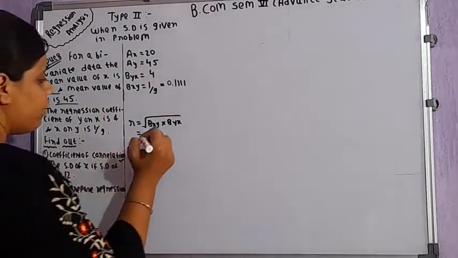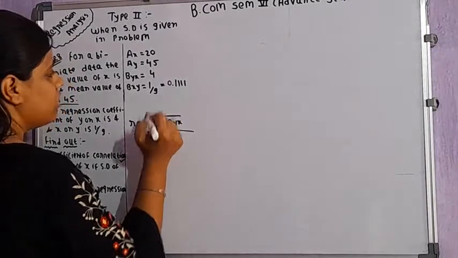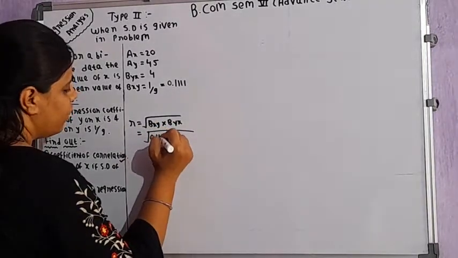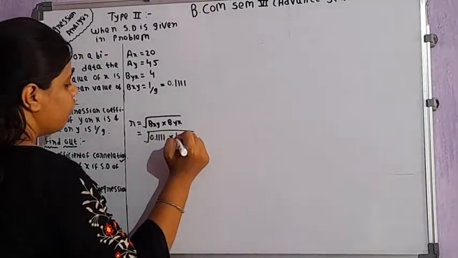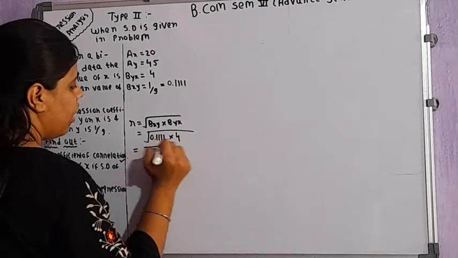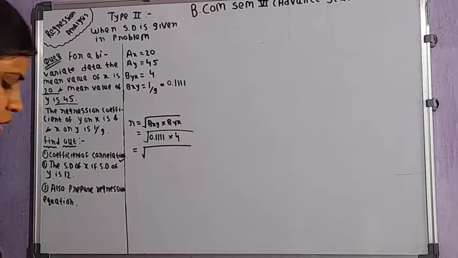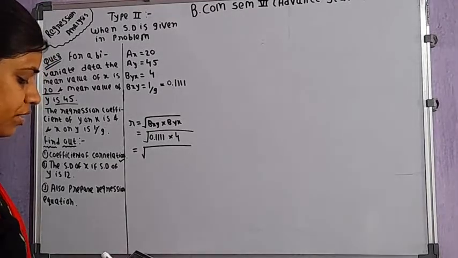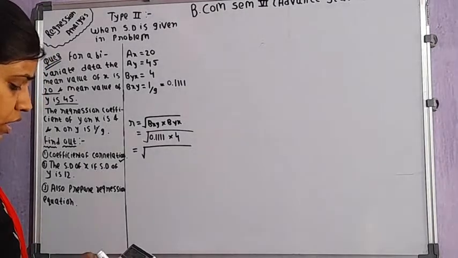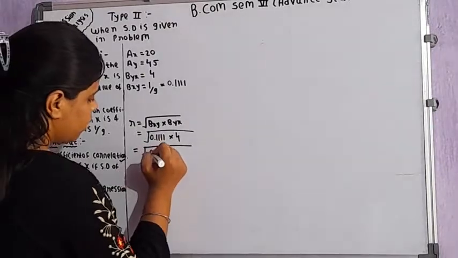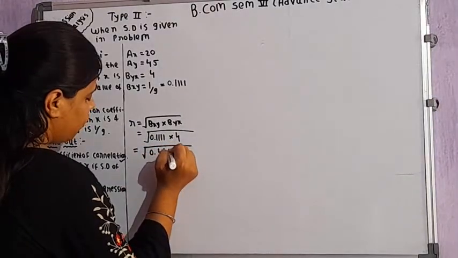Let's put the values. bxy is 0.1111, byx is 4, under root of 0.1111 into 4. It comes to 0.4444.